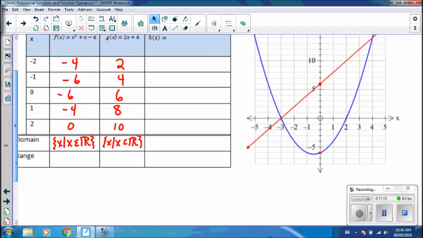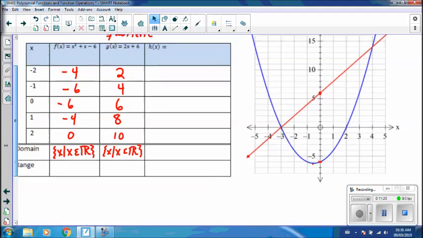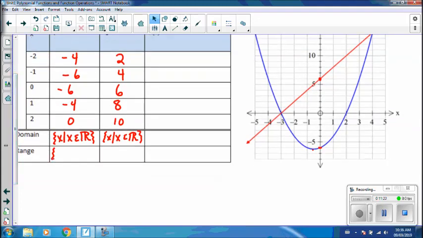And for the range, I had to find this point down here, so I used my calculator to find the minimum, which turned out to be -6¼, and then y is an element of real numbers. Trying to squish that into that little box. There you go. And for our line, y, such that y is an element of real numbers.